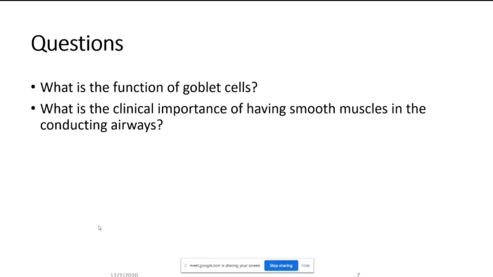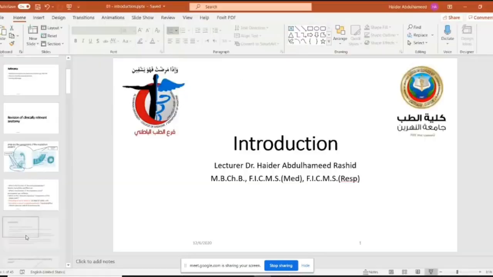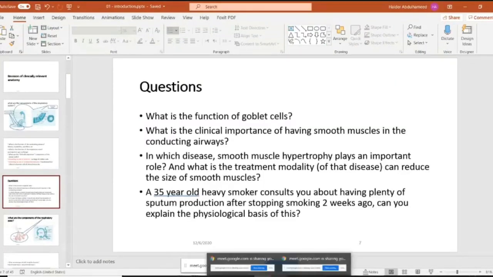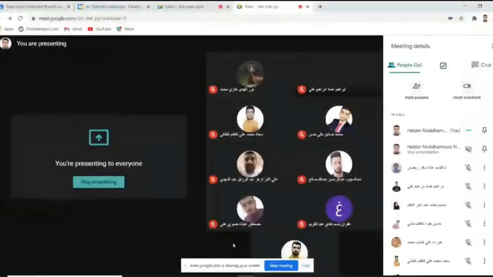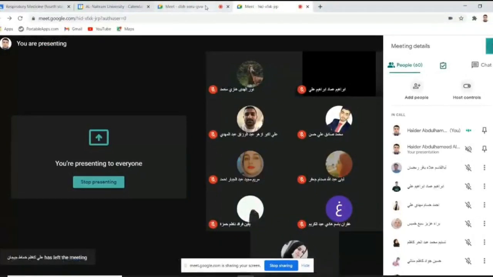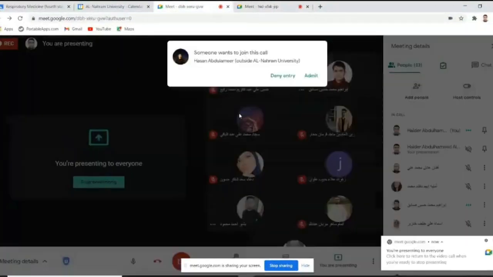What is the importance? Guys, can anyone answer now? What is the clinical importance of having the smooth muscles in the conducting airways? Guys, who would like to participate? Doctor, opening and closure of the airway.